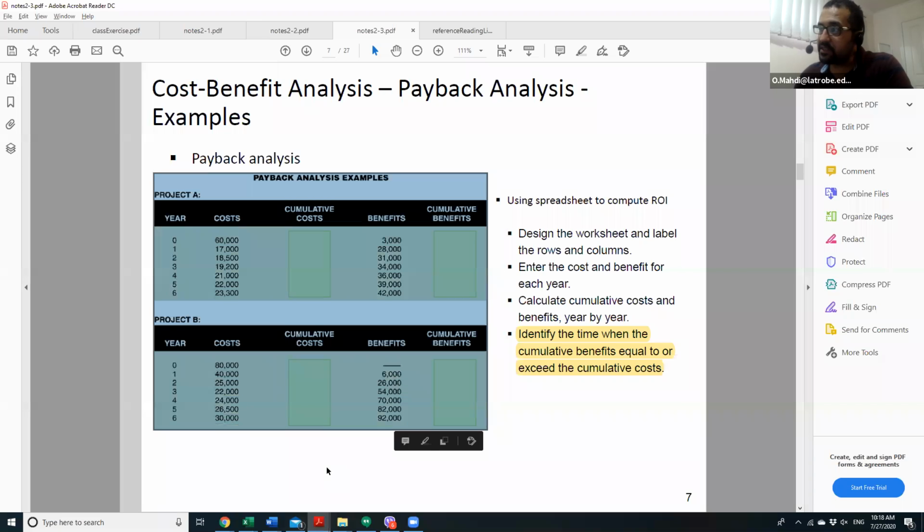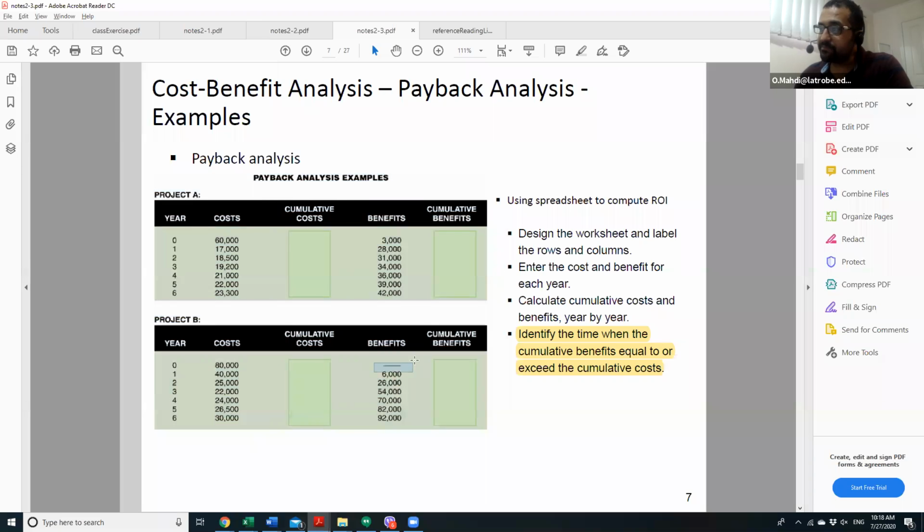And for the benefits, look here. For year one, it's nothing, it's zero. So with project B, of course, the benefit at the first year is nothing. There is no benefit at all, comparing to project A, where there is just 3,000.